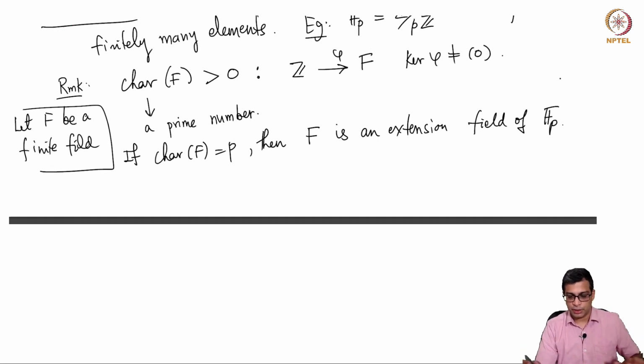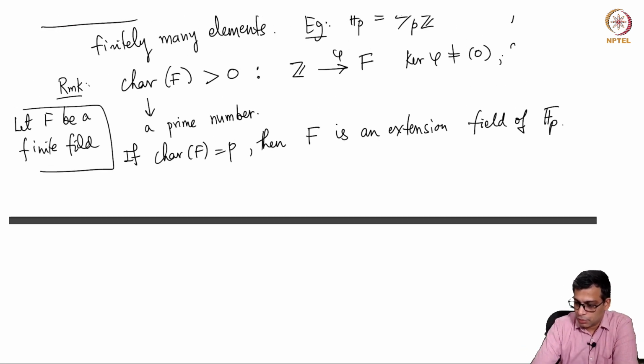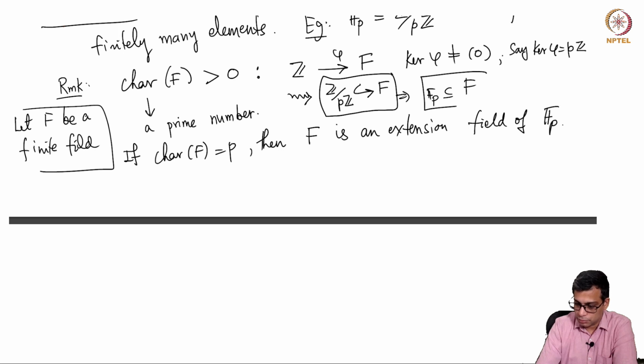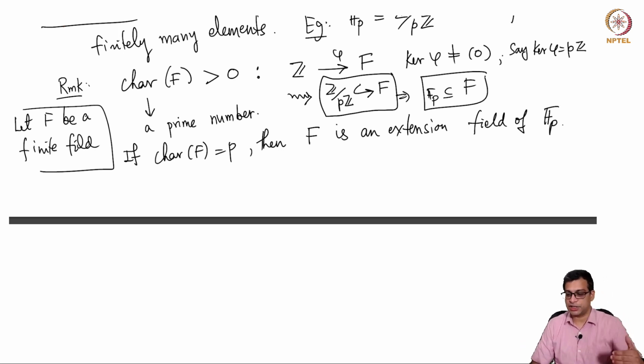Because that is clear, because the kernel, say the kernel is pZ, so this gives me, by the isomorphism theorems in rings, an inclusion like this, and this is nothing but Fp, right? So F is an extension field of Fp.